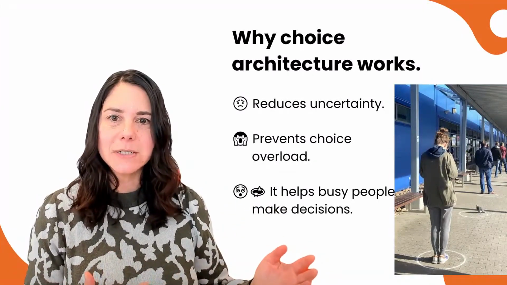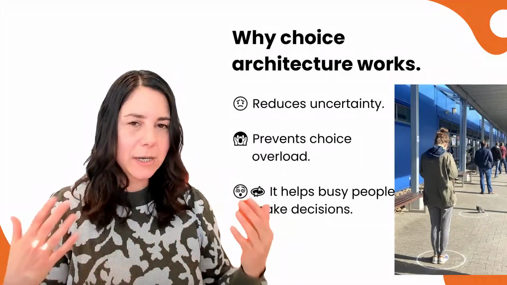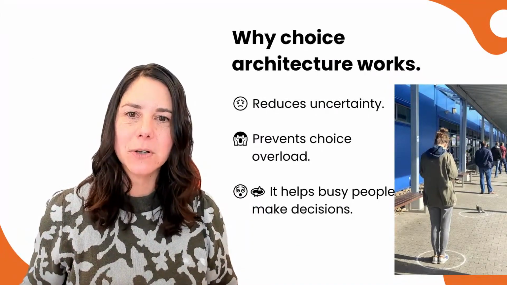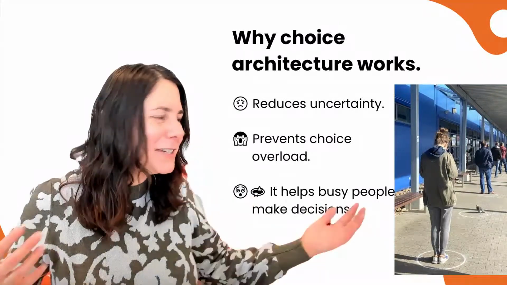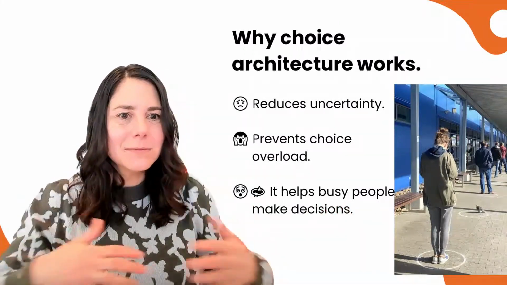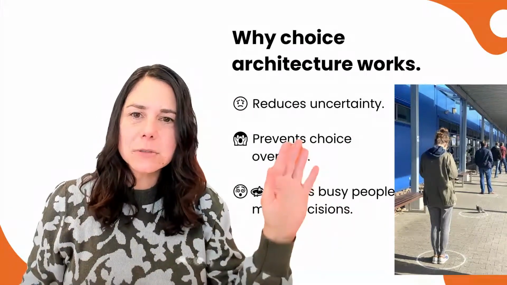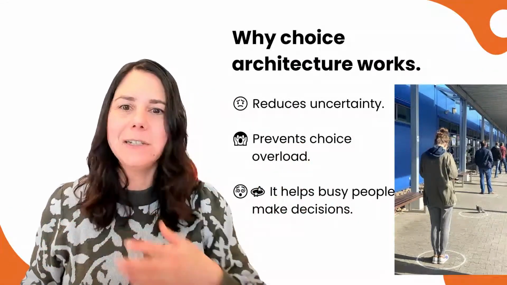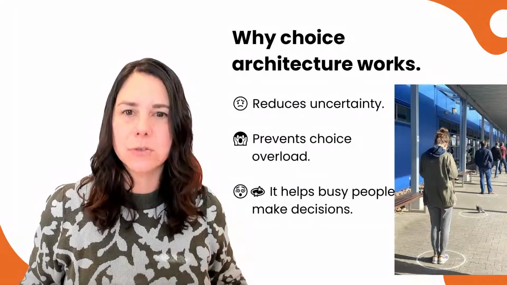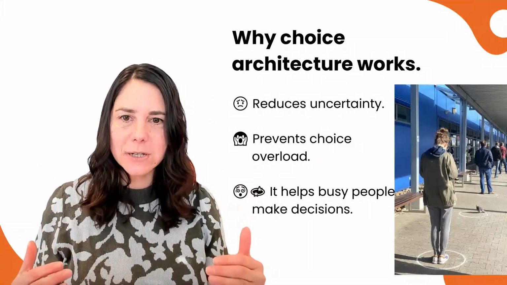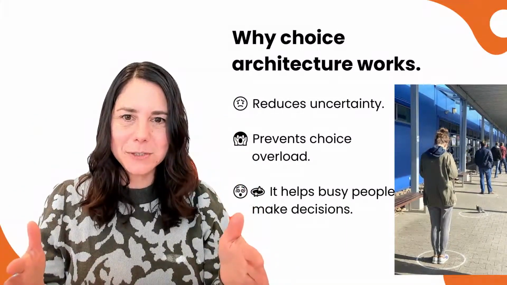This was during the COVID-19 pandemic, where we always had to be mindful to stay 6 feet apart. We also learned how hard it is to know the distance of 6 feet from another person. These circles on the ground just reduce all of that cognitive load, so we don't have to figure out what 6 feet is, just stand in the circle, right? That reduces that uncertainty and just tells me what to do.